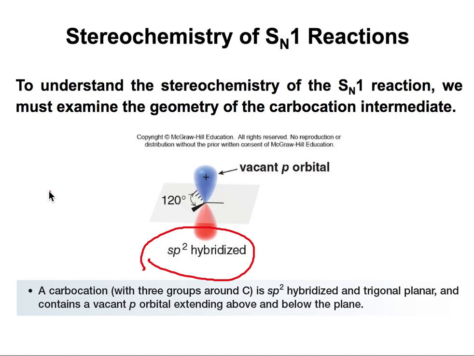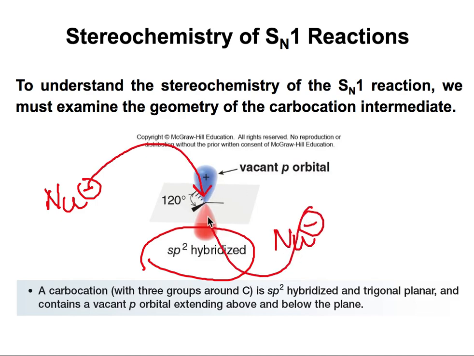And because they are planar, when a nucleophile has to come and attack that center, it can either come from the top or from the bottom. And so when we have an SN1 reaction, we could get two products. We'll get a mixture of the nucleophile attacking from the top and the nucleophile attacking from the bottom. And remember that these would be different stereoisomers.